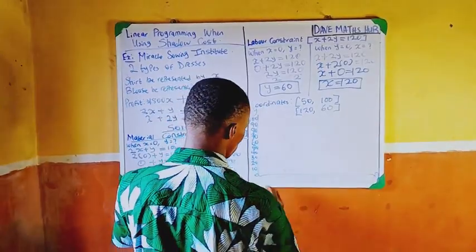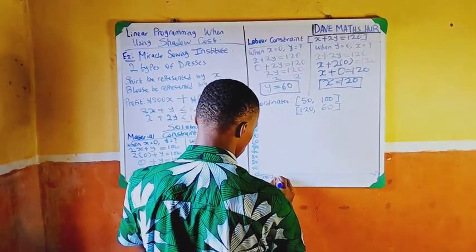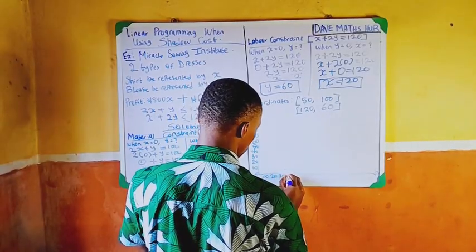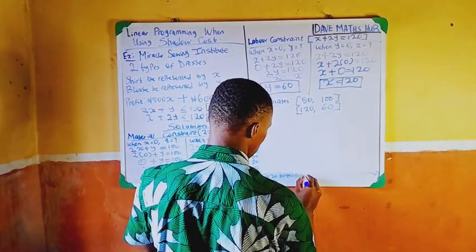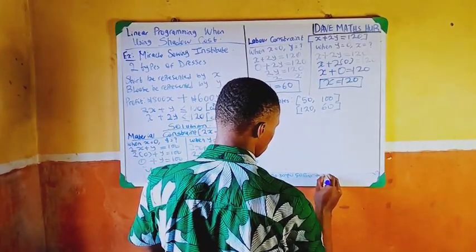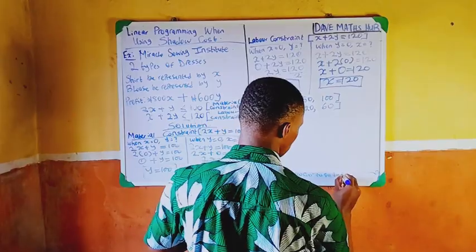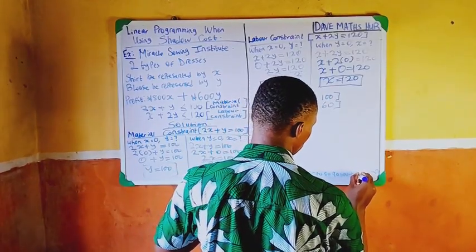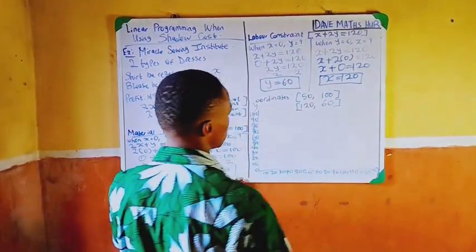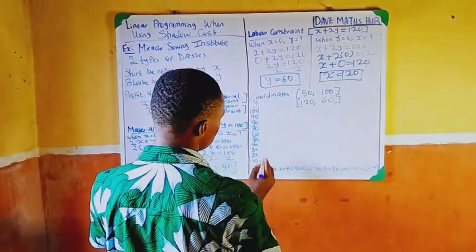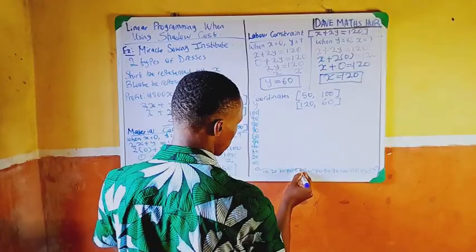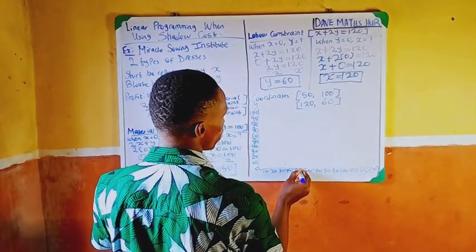And now we're going to 120: 10, 20, 30, 40, 50, 60, 70, 80, 90, 100, 110, 120. So when x is 50, y is 100.